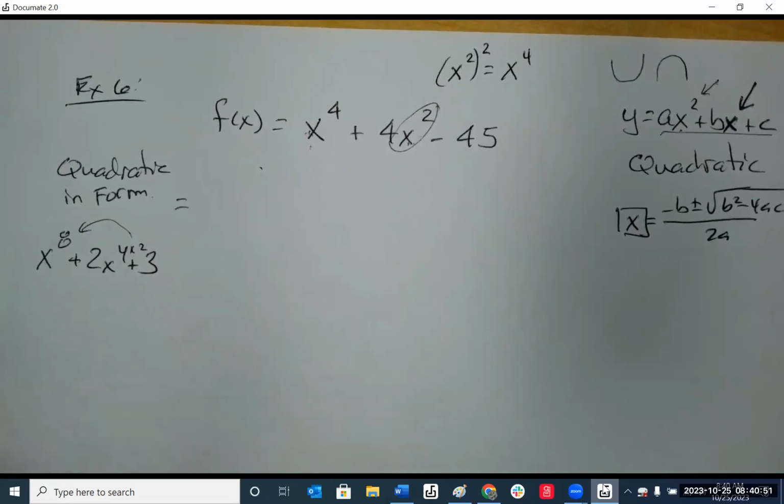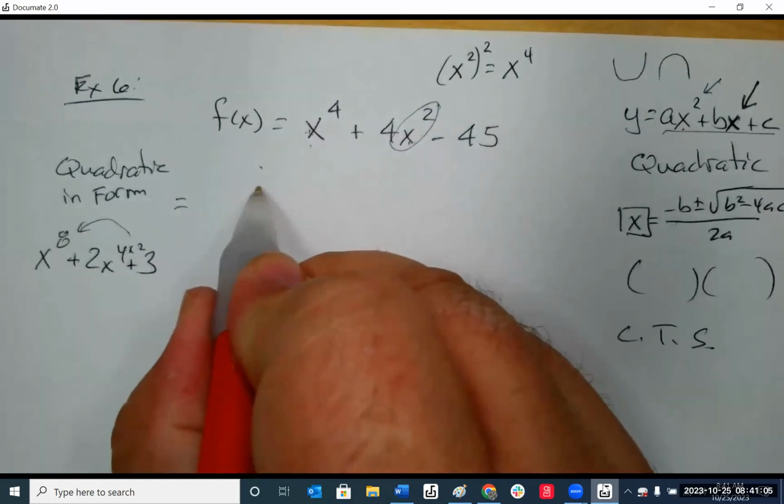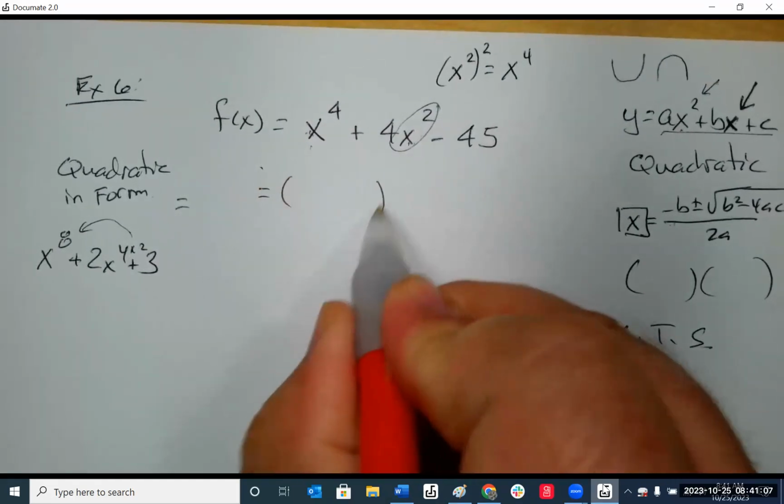So in other words, if it's quadratic in form, we can either factor, complete the square, or use the quadratic formula. We can use any of those methods. So let's try to factor first.